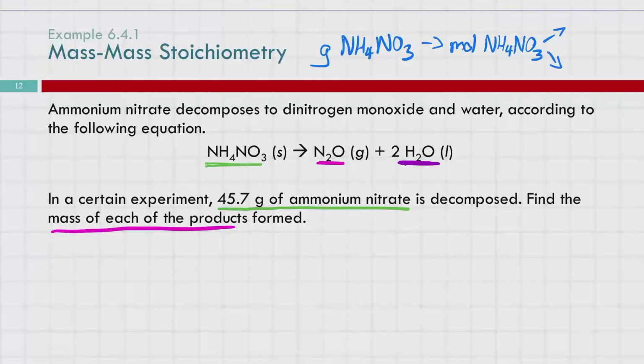And then we have to figure out how many of each of the products we're going to make. So we're doing grams to moles to grams, but for both of our products. And it saves us a step if we stop here and we split the calculation. So we can go to moles of our N2O to moles of our H2O, and we'll convert both of those to grams.